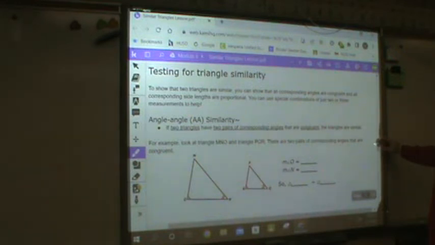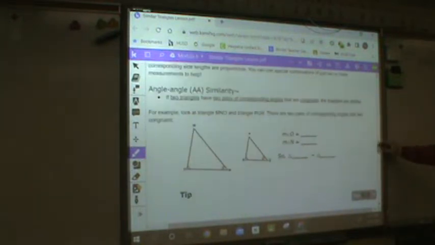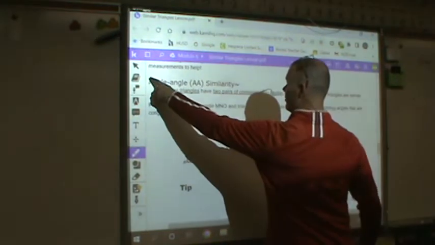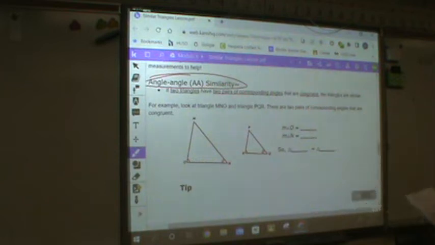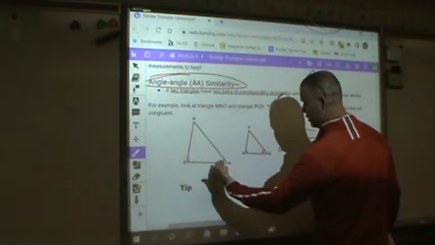To show that two triangles are similar, you can show that all corresponding angles are congruent and all corresponding side lengths are proportional. We have special conditions that have to be met. Right here, angle-angle similarity. This is one way to determine that figures are similar. If two triangles have two pairs of corresponding angles that are congruent, then the triangles are similar. Here it's showing you, okay?